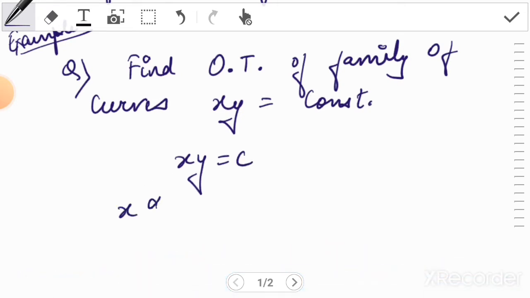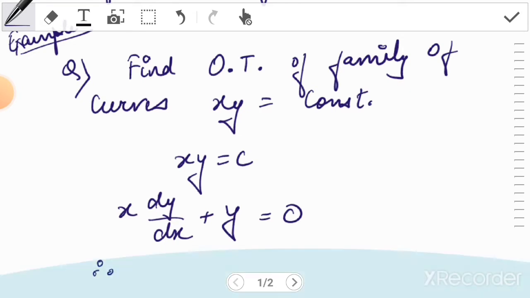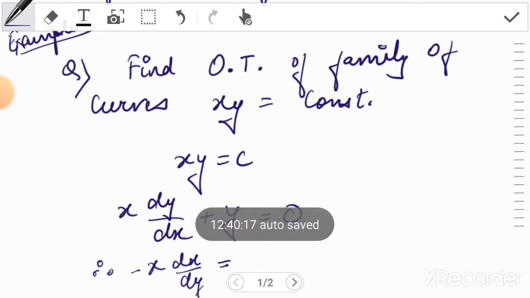So x dy by dx plus y times dx by dx is equal to 0. Now replace dy by dx by minus dx by dy. So x times minus dx by dy plus y is equal to 0.